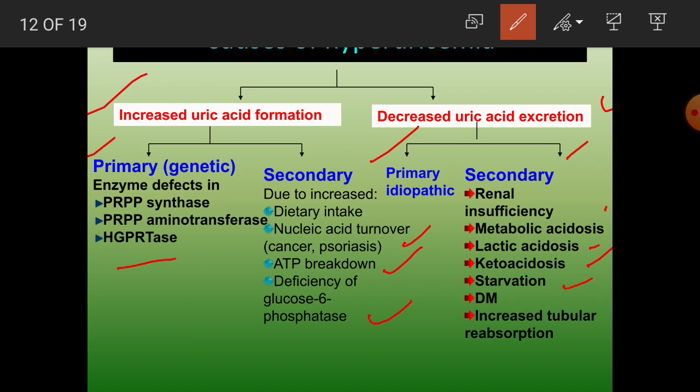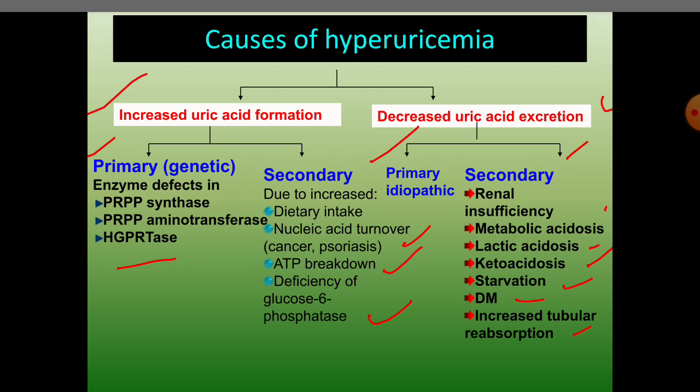Starvation also leads to ketoacidosis. Uncontrolled diabetes mellitus may lead again to metabolic acidosis, or increased tubular reabsorption. All these are secondary causes of decreased uric acid excretion.